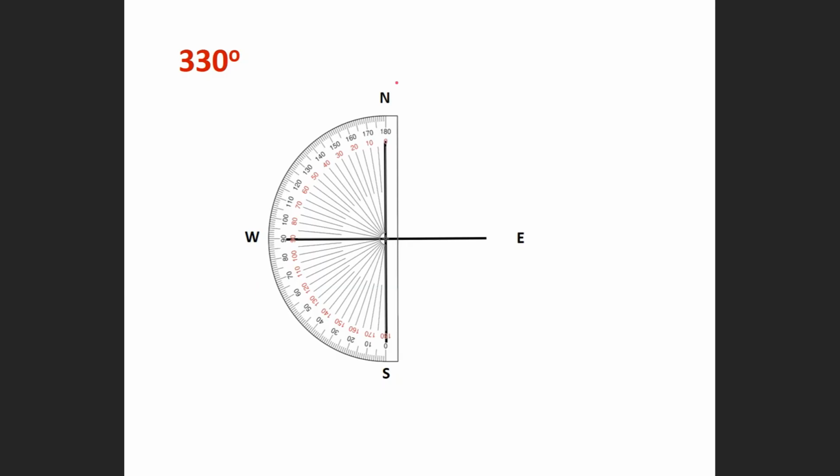this north side is 0 degrees. This place is 90 degrees. This place is 180 degrees. And I'm going to 330. And also this west, due west or westward, is 270 degrees. So that means I need to add more to that 270 degrees so I can get to 330 degrees.